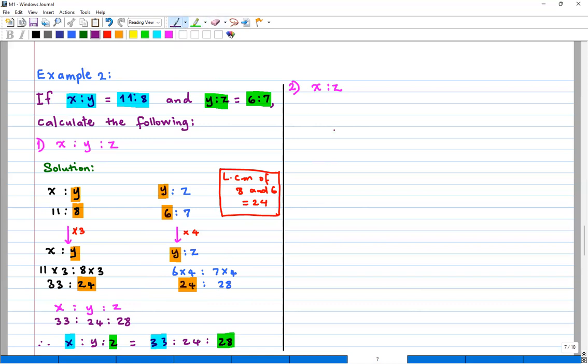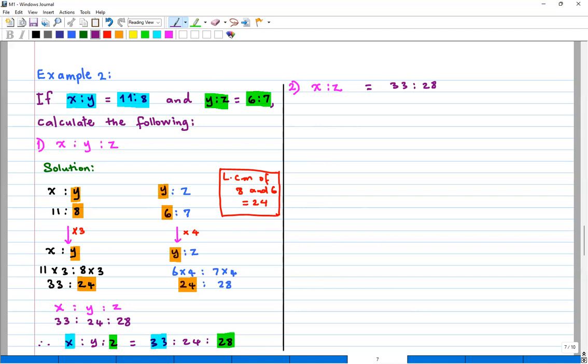So our answer is that x to z will be 33 to 28. And since we don't have any common factor for 33 and 28, we are going to leave it like that.